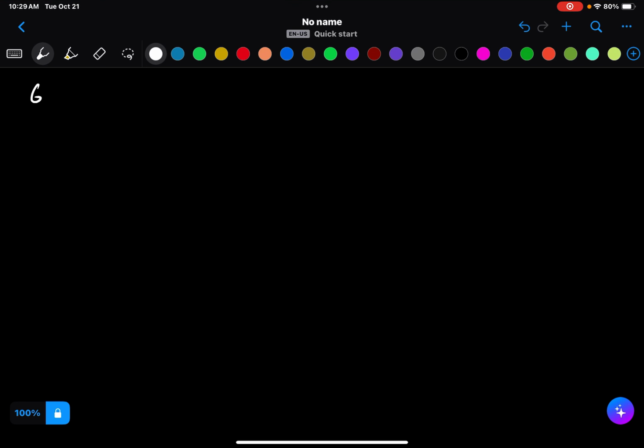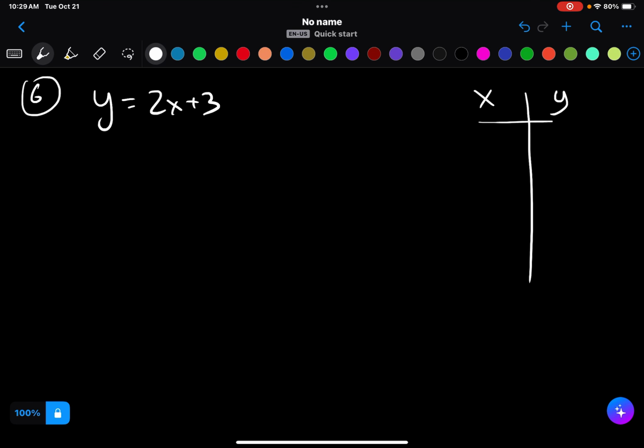All right, for number 6, you have y equals 2x plus 3, and you're asked to find several solutions for this equation. Again, it's unsolvable by its own, but what we can do is plug in numbers for y or x to find the other one. It's already set up as y equals something, so I'm not going to mess with the y.